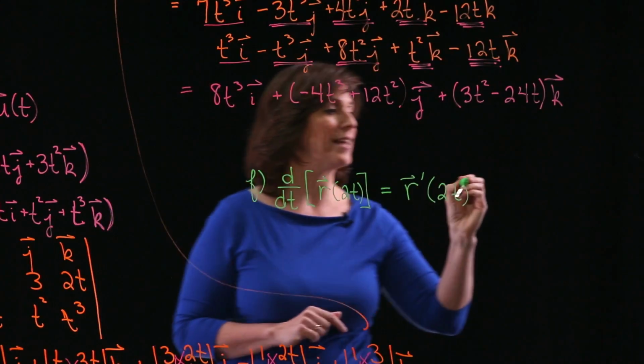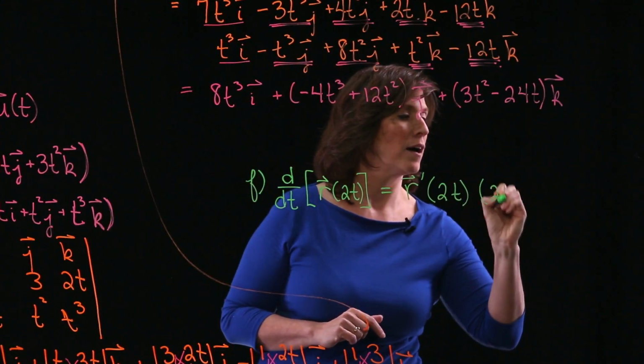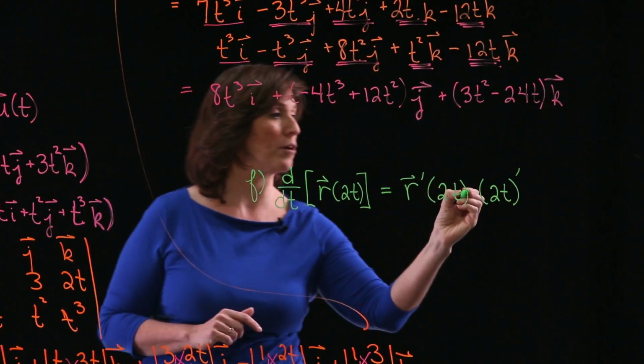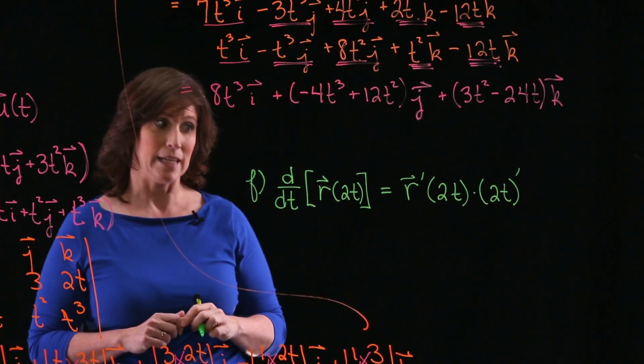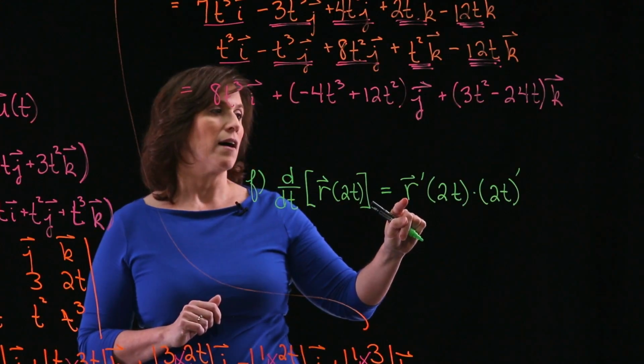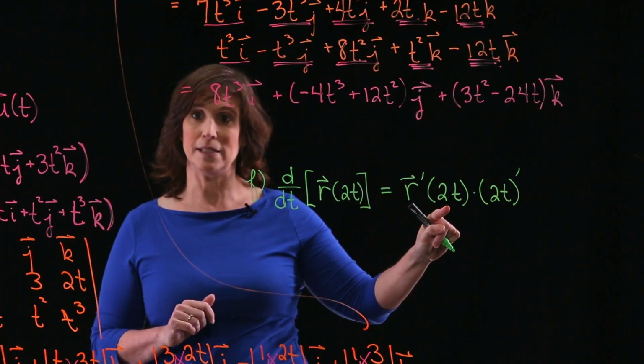Then I need to take the derivative of the inside function with respect to t. So we're going to multiply by the derivative of 2t. Okay, so we want to evaluate r prime of 2t.